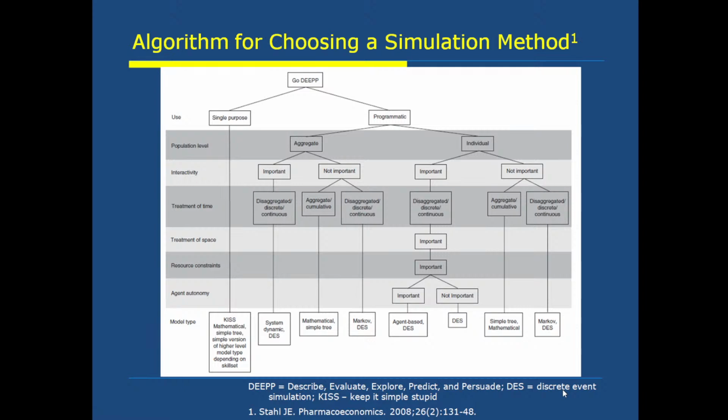Is it aggregate or individual? Then interactivity. Is it important or not important? Then treatment of time. We need to consider treatment of space if it is important, and resource constraints if they are also important. Then agent autonomy.